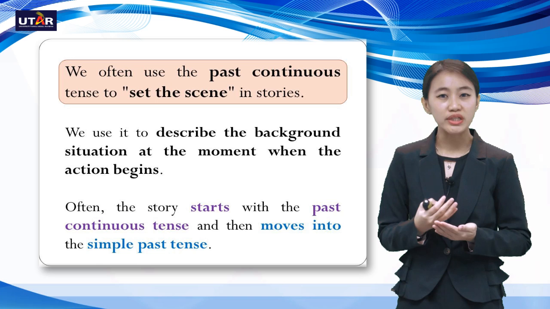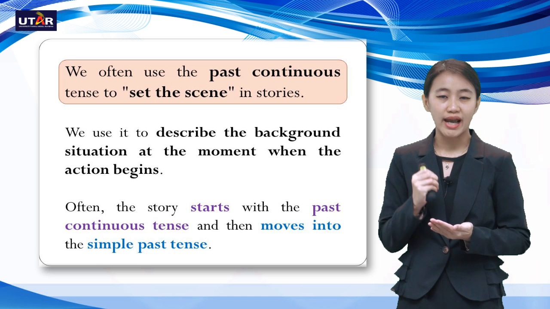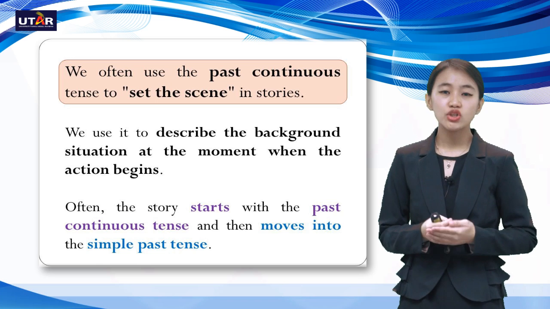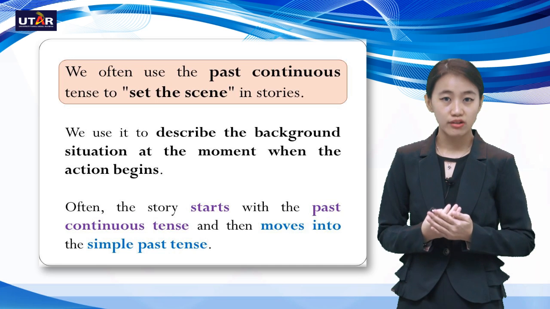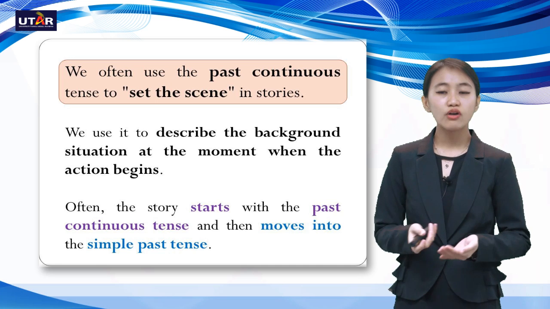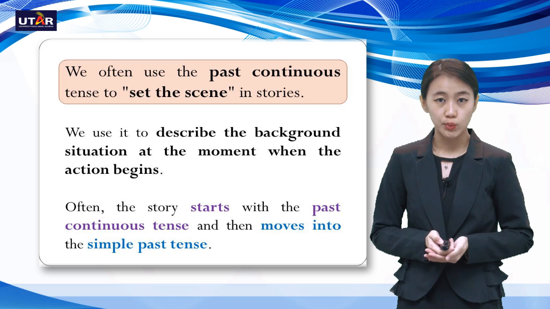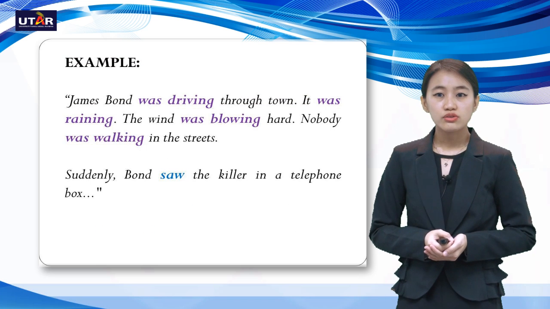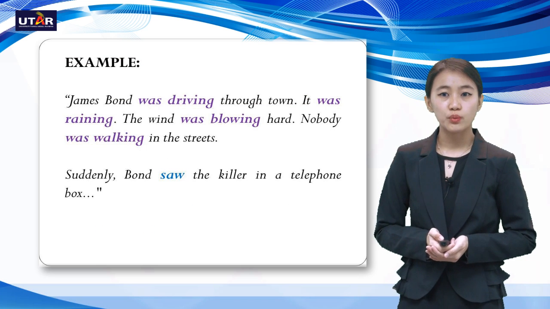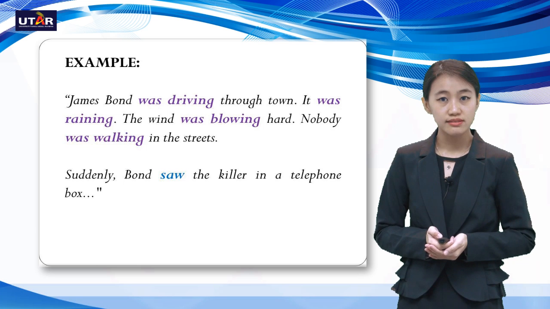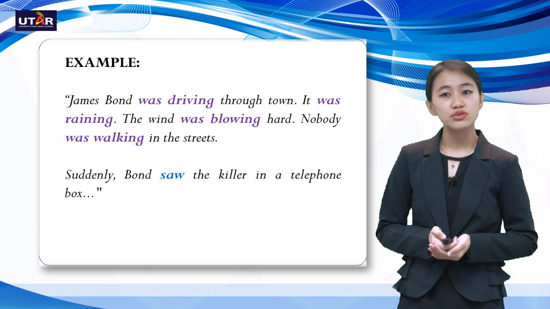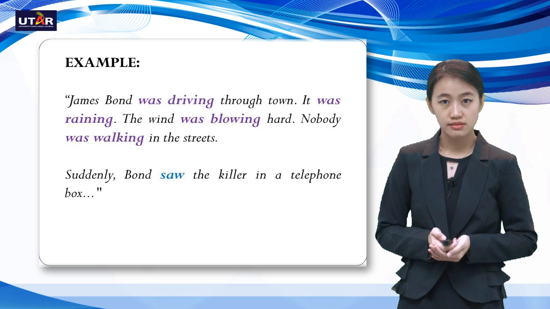So if you want your readers to really grasp the idea of your writing, you must make them understand the background. And how do you do this? Of course, you use the past continuous.